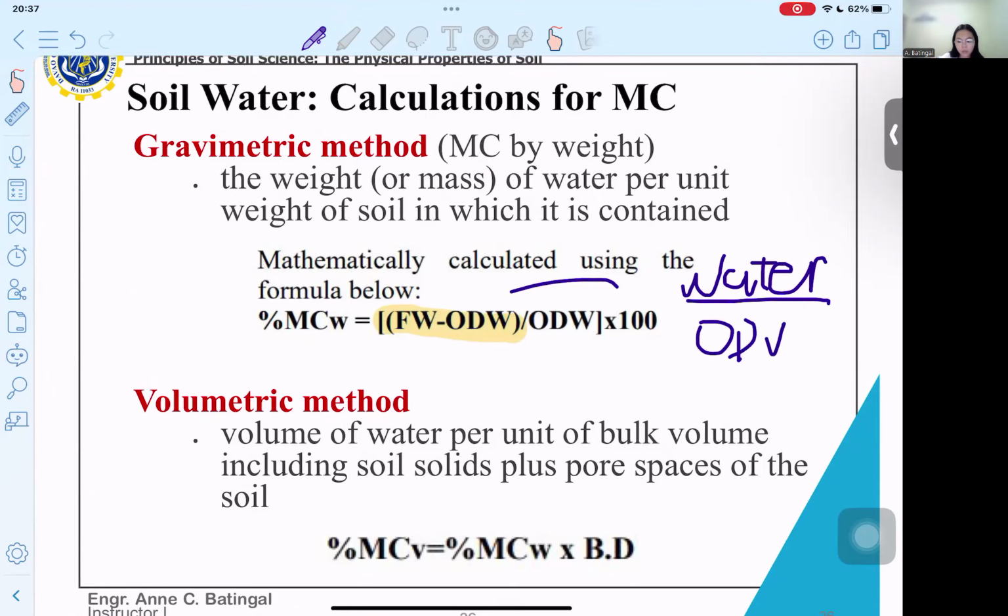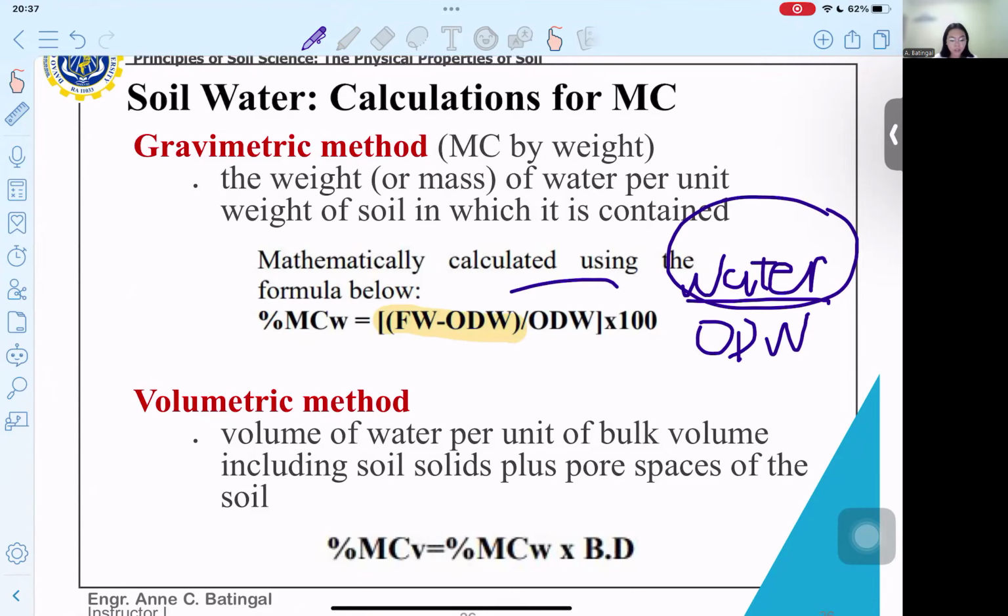What do we mean by oven dry weight? Oven dry weight is the mass of your soil without water. So fresh weight minus oven dry weight is the water, divided by oven dry weight, and you multiply it by 100 since it is in percent. If decimal, then don't divide by 100.